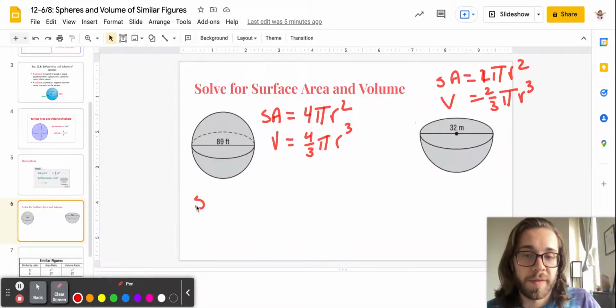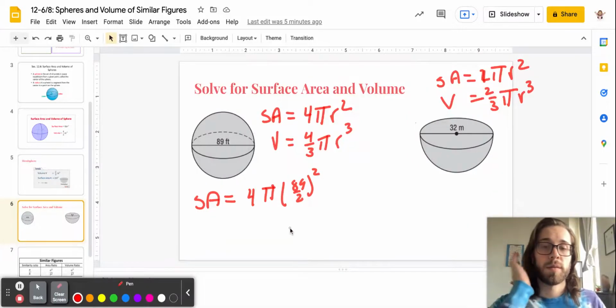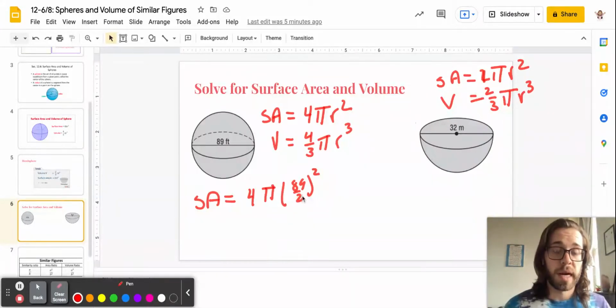Okay, so surface area. 4 pi, and remember, the radius is 89 over 2, squared. I don't know what 89 squared is, but I know 2 squared is 4, which cancels very nicely with that 4.